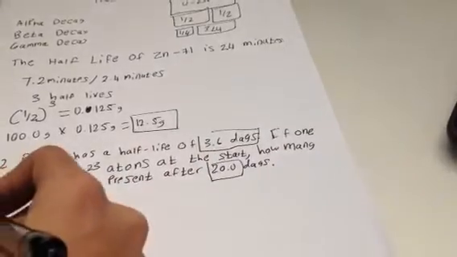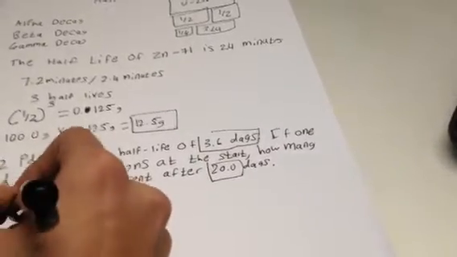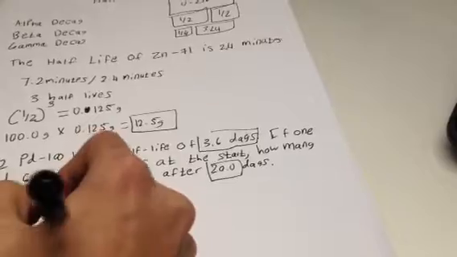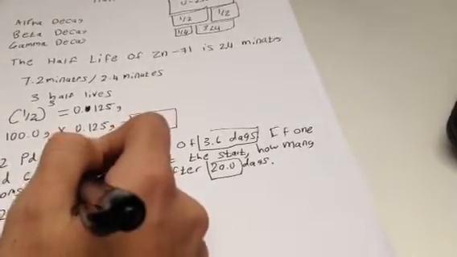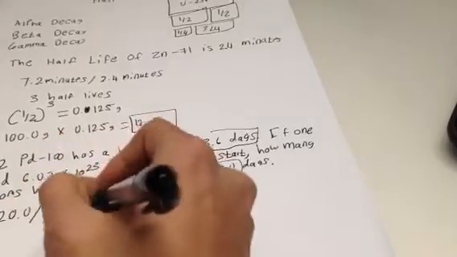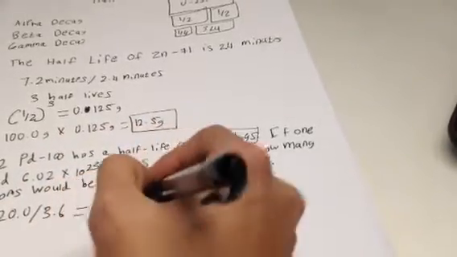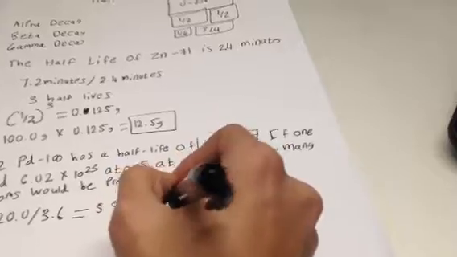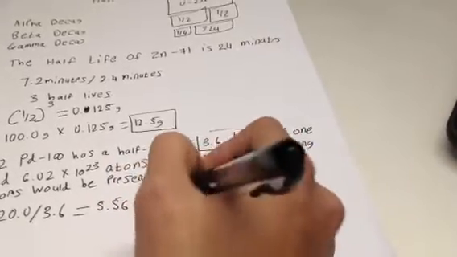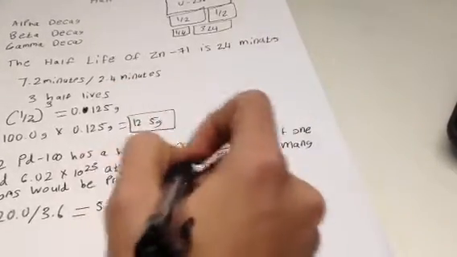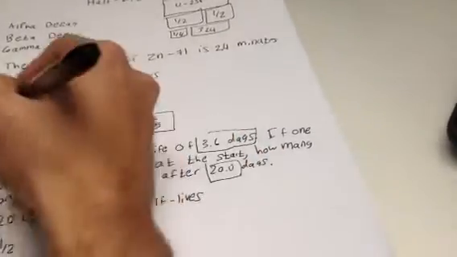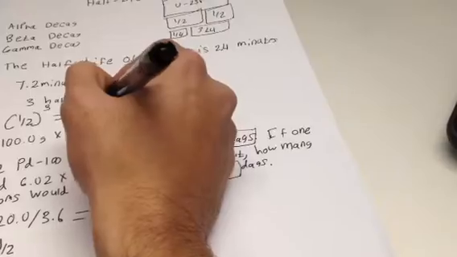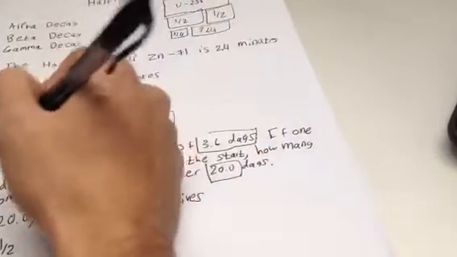Let's find out how many half-lives that is. 20 divided by 3.6, and that should be 5.56 half-lives that have passed. So let's do this times a half. This number is what we're solving for here.